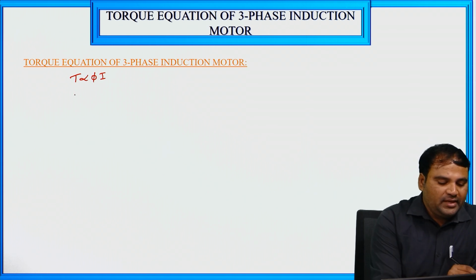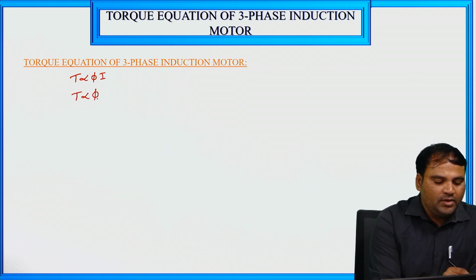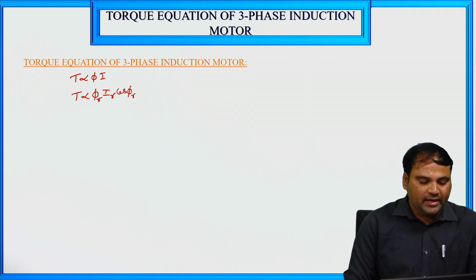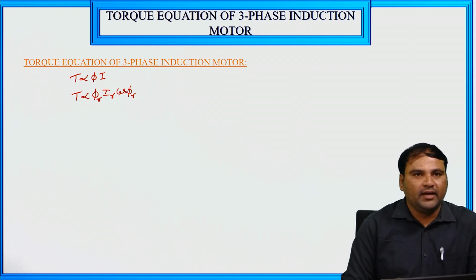If it is a three-phase motor, then T is directly proportional to rotor flux phi R, rotor current IR, and power factor cos phi R. Phi R is the rotor flux, IR is the rotor current, cos phi R is the rotor power factor.